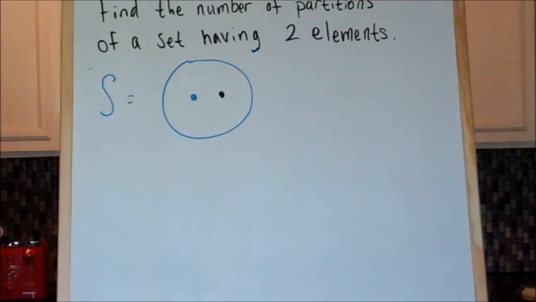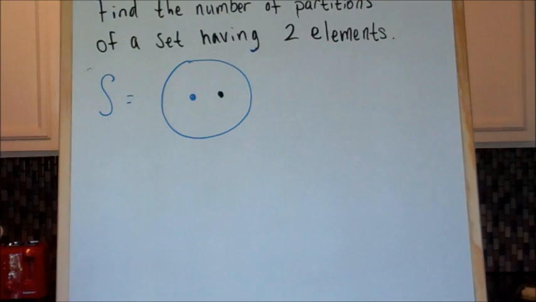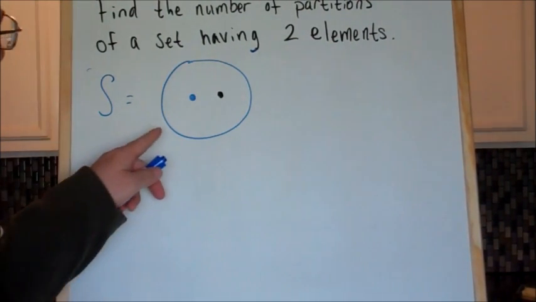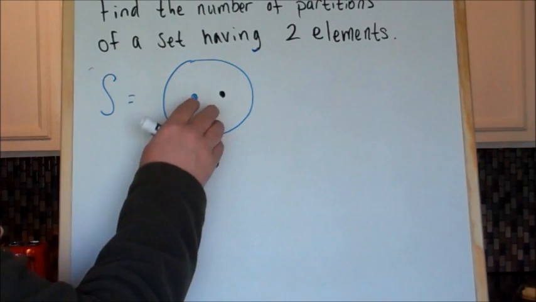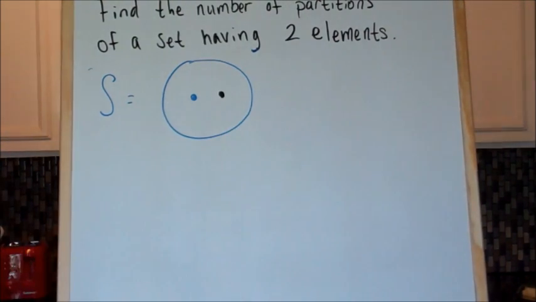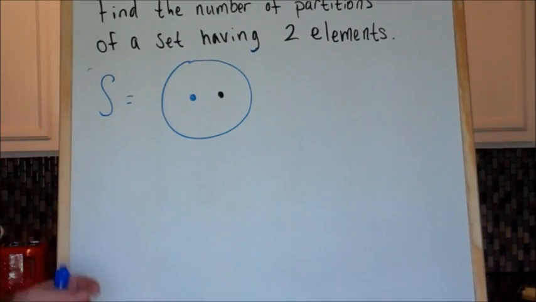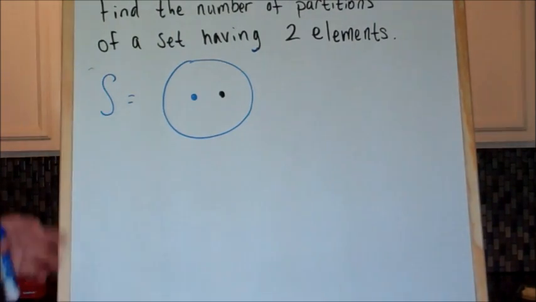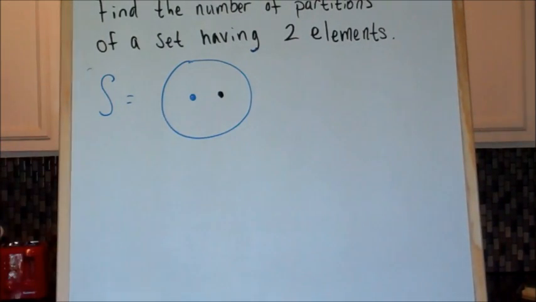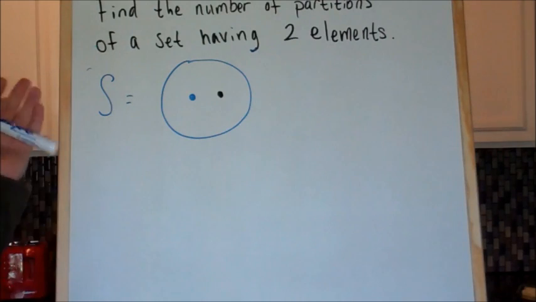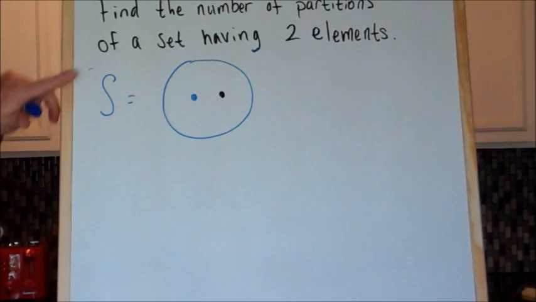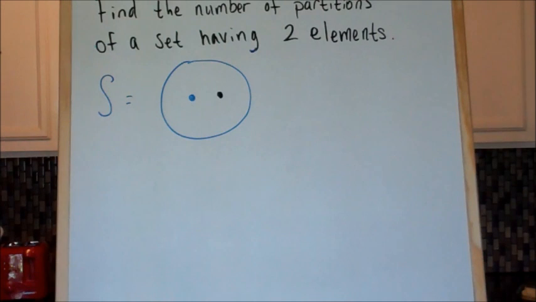It contains two elements. If you wanted to, you could say that the black dot is a subset of S by itself, and the blue dot could be a subset of S. Both the black and blue dot could be a subset of S, and then also the empty set would be a subset of S. But we want to know about partitions.